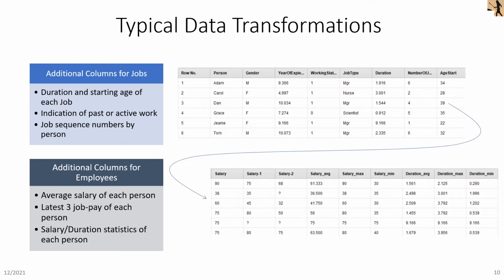Again, using RapidMiner operators, we can quickly come up with this output with only 6 records, 1 for each employee. On the top, it's mostly the columns related to the latest job, and on the bottom, that will be the salary histories and statistics, and the job duration as well.